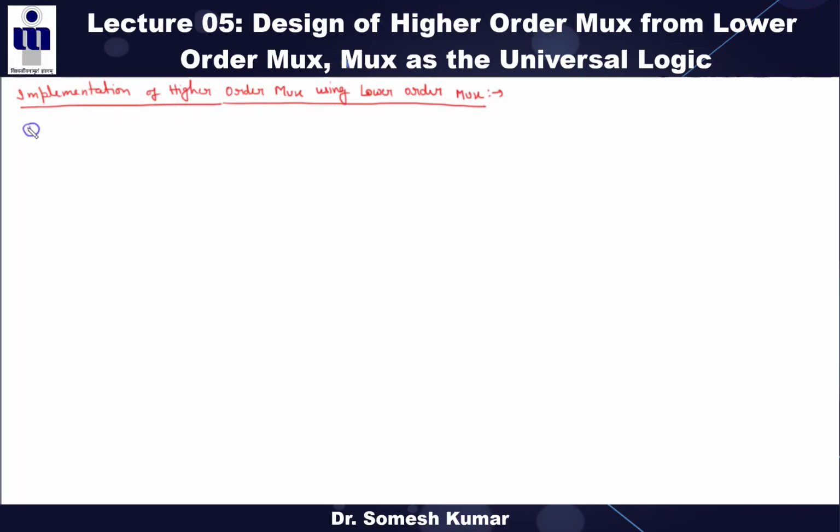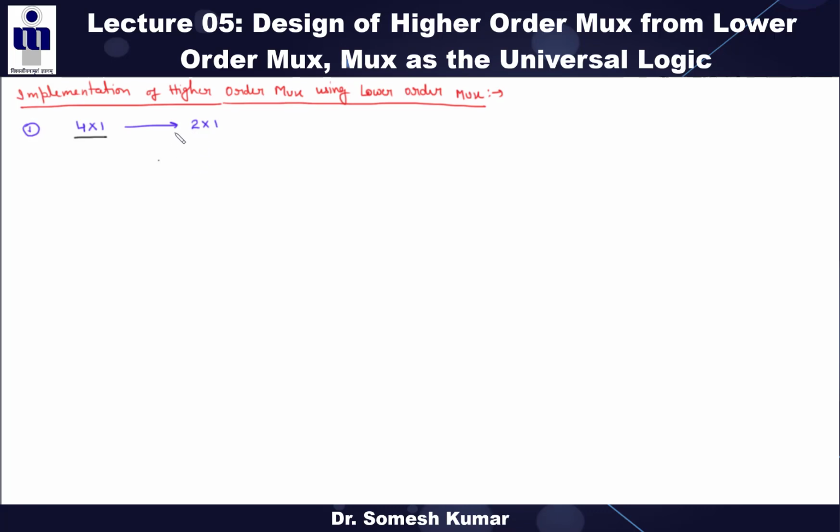The first example is how many 2:1 mux are needed to design the 4:1 mux. So how can you design this 4:1 mux using the 2:1 mux? You all know about the 4:1 mux. In the 4:1 mux there are 4 inputs, while in the 2:1 mux there are 2 inputs.